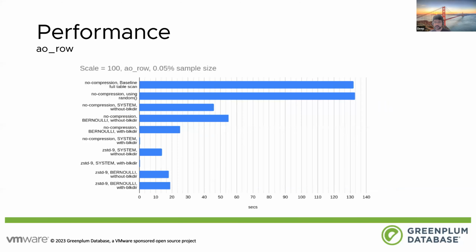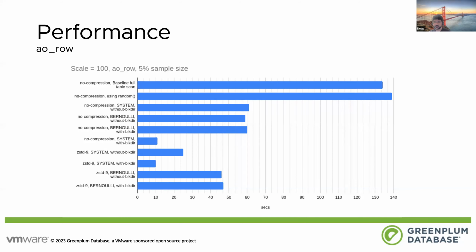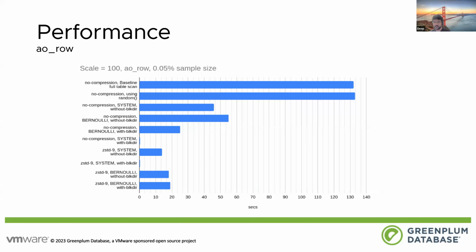Now, let's look at 0.05% sample size, right? And for 0.05% sample size, you get a similar pattern with Tablesample, obviously. But if you look at the difference between with block directory and without block directory, if you compare system without block dir with system with block dir, look at the magnitude difference. Look at the speed up here, massive speed up.